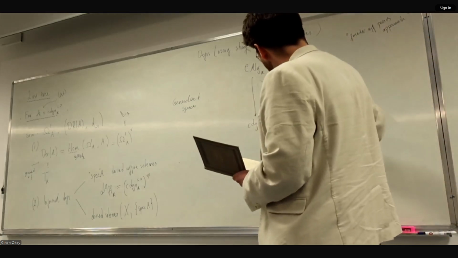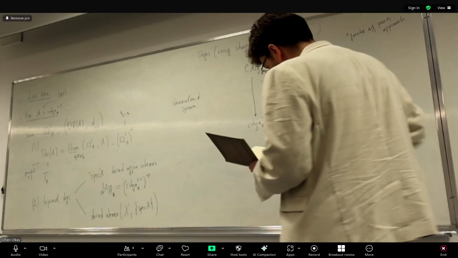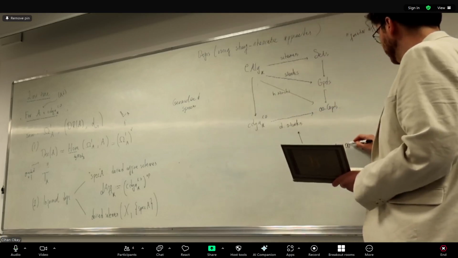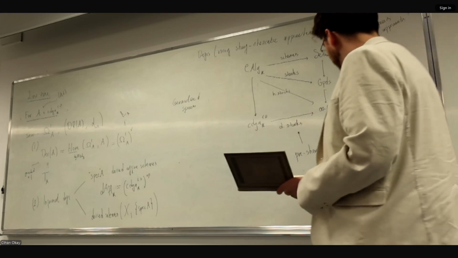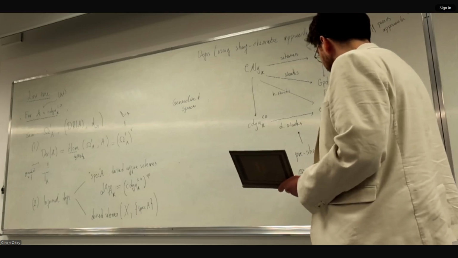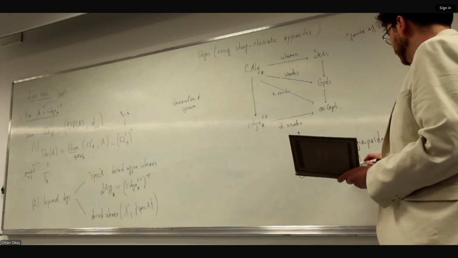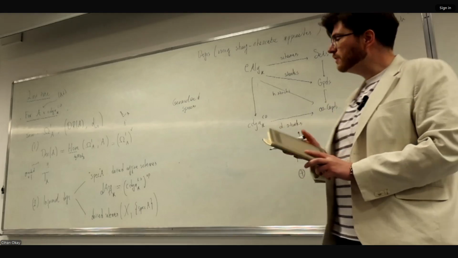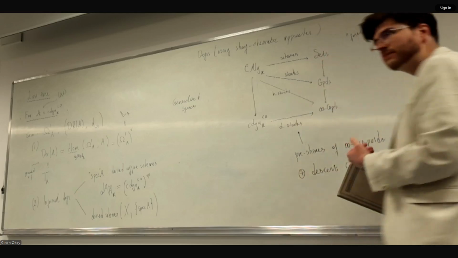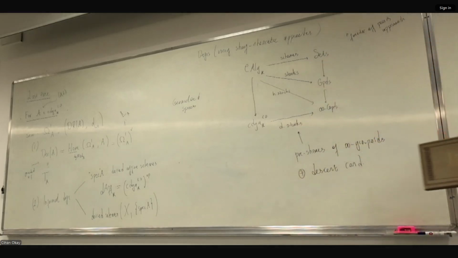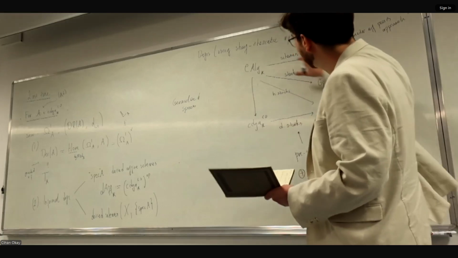So these derived stacks for us are pre-sheaves of infinite groupoids, plus descent condition. Remember the definition of a sheaf: to pass from pre-sheaf to sheaf, you need to discuss how to glue things, the identity axiom and gluing axiom. I will give you a formal definition, but this should be our perspective.